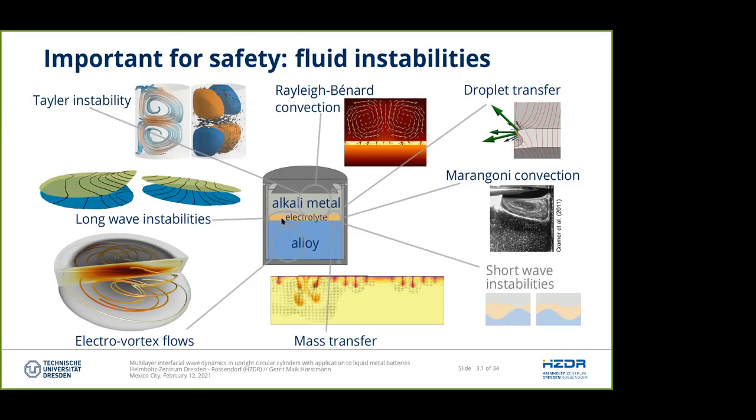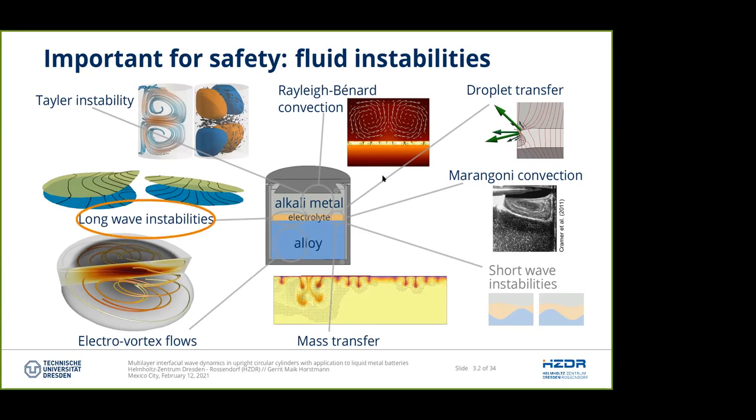On the other hand, they can be beneficial because some harmless or controllable instabilities can improve the mixing, in particular in the cathode layer, which will improve the efficiency. So we want to do both. We want to keep the battery safe and want to increase the efficiency. This is why we study all these kinds of instabilities.